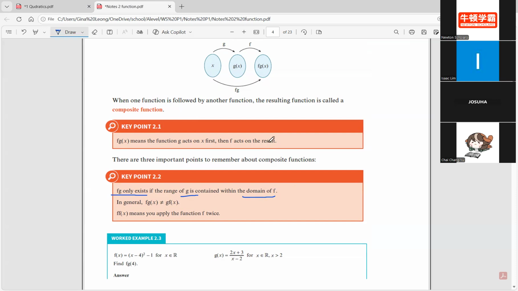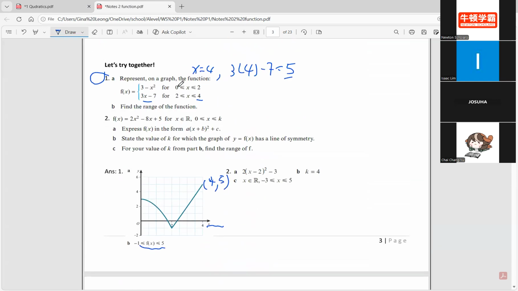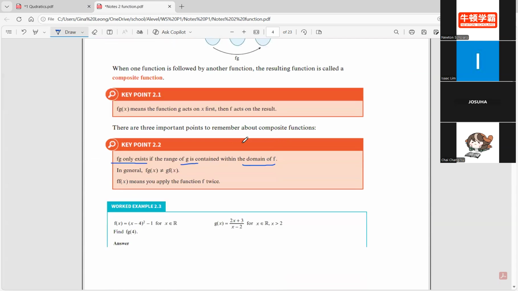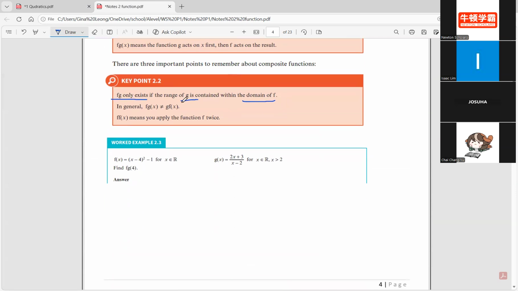For example, let's say you have domain 0 to 2. So you need to check whether your g range is in 0 to 2 or not. If the range is not inside, then fg does not exist. Be careful, sometimes they will ask this. It's a theory question.